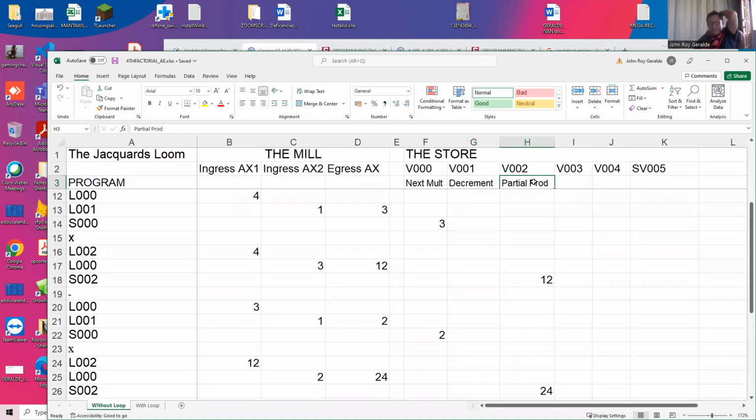What is the fourth factorial, by the way? Anyone? How do you compute the fourth factorial? Okay. The fourth factorial is 1 times 2 times 3 times 4. Do you follow? Everyone?